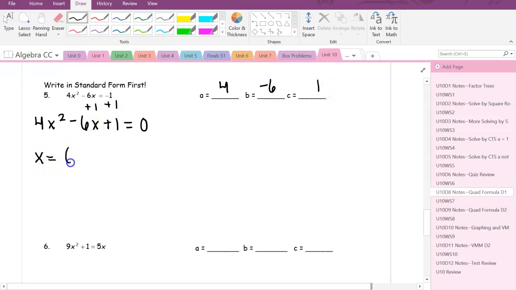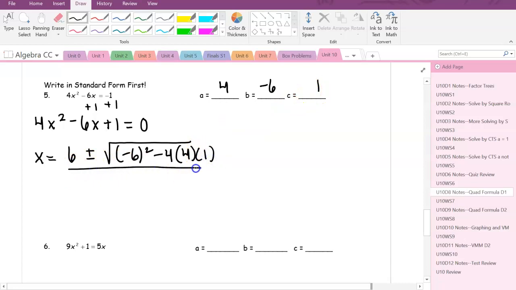So I have x equals opposite B, but B is a negative 6, so this becomes a positive 6, plus or minus the square root of B squared, I was kind of jumping to my B squared there a second ago, minus 4, my A value is also 4, my C value is 1, all over 2 times my A value, which is 4.